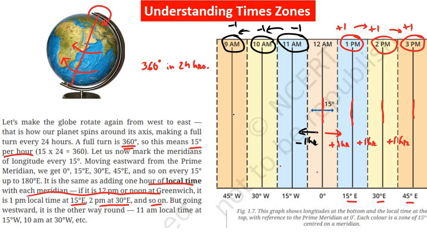So it will be 9 a.m. at 45 degrees west. Okay, so this is how things work. This is basically how we define the time zones, taking into consideration the fact that we have 360 degree rotation every 24 hours.